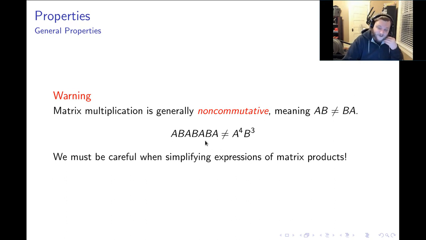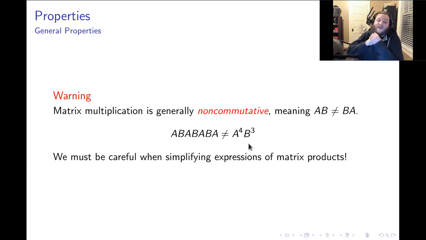Since matrices do not commute, meaning that you cannot rely on A times B equaling B times A, we cannot simplify this expression on the left and obtain the expression on the right. So it might very well be that A times B times A times B times A times B times A is not equal to A to the 4th times B cubed.